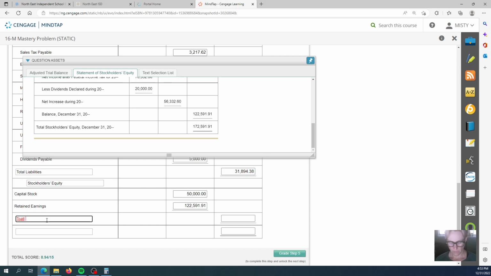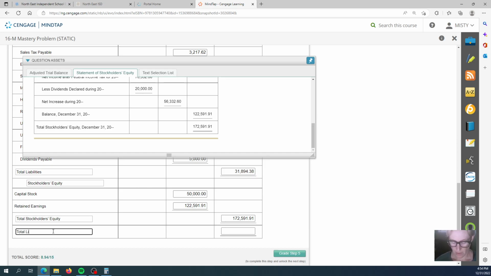Total stockholders' equity. There. Total stockholders' equity 172,591.91. All right.